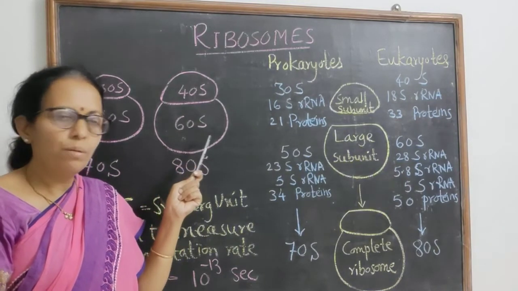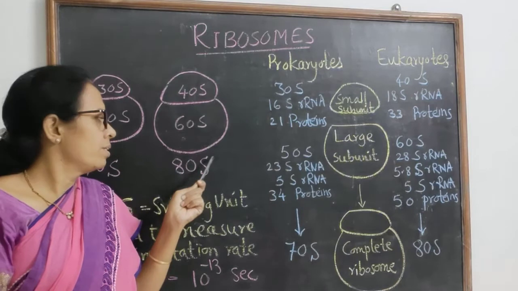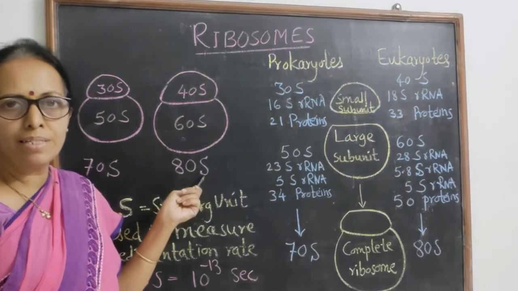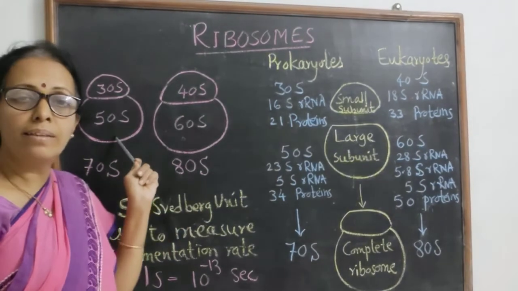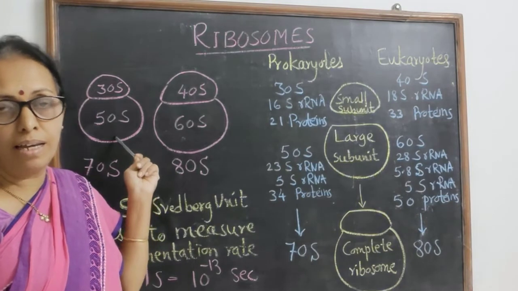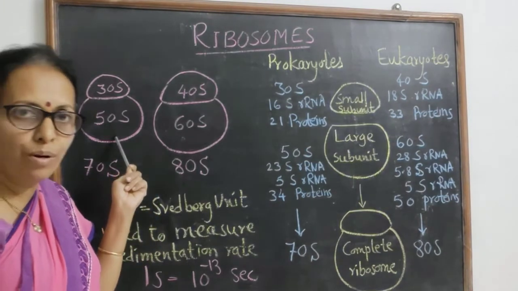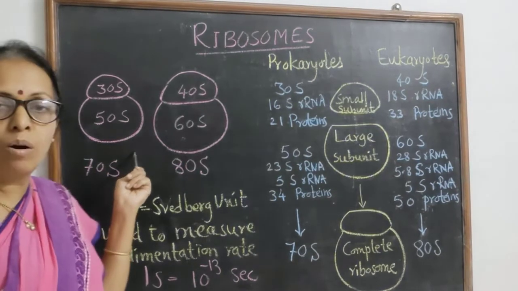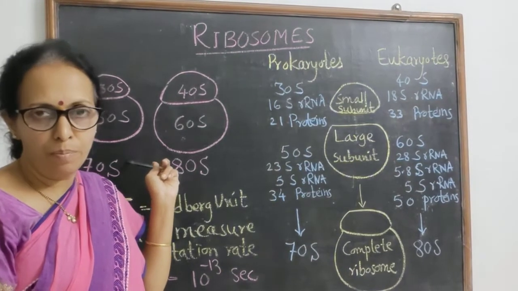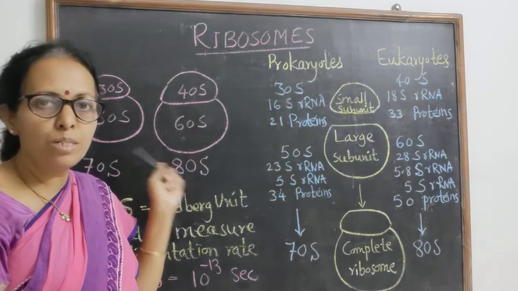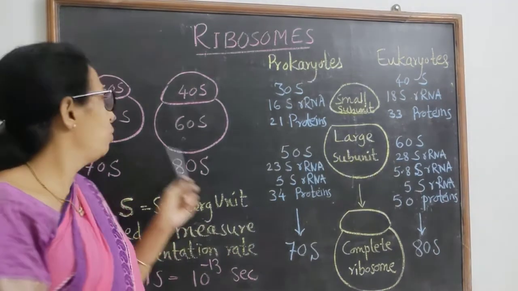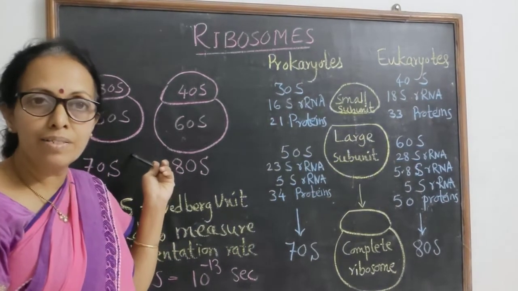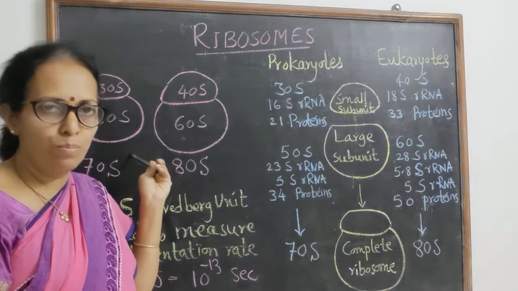Those free ribosomes are of 80S type, while organelles like chloroplast and mitochondria also contain ribosomes, and these are of 70S type. But in prokaryotic cells, only 70S ribosomes are observed.